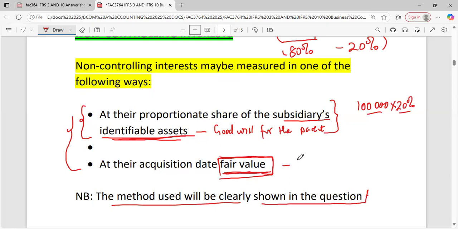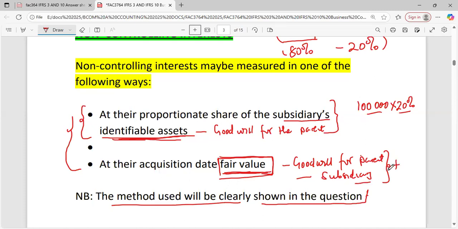So which means here we are going to have goodwill for the parent and goodwill for the subsidiary. So that's the difference between the two. So when the question requires you to measure a non-controlling interest at fair value, then you should know you are going to have two goodwills, one for the parent and one for the subsidiary.